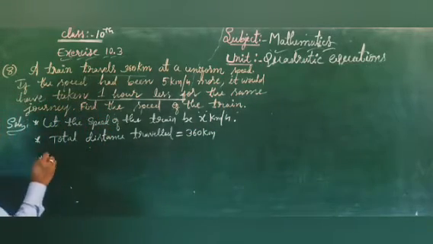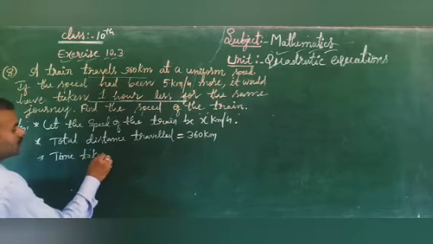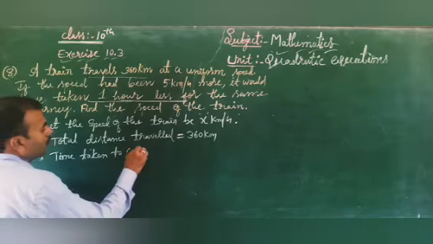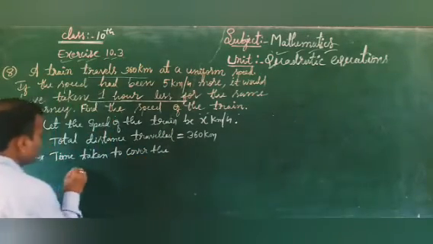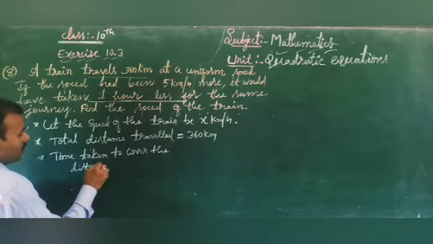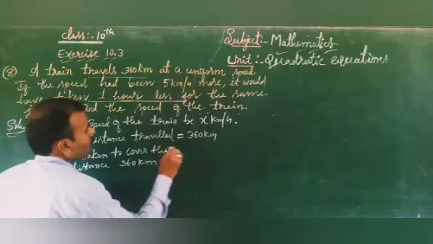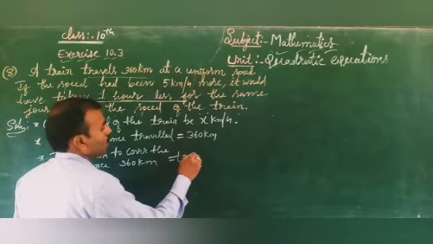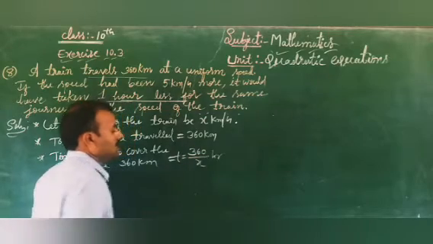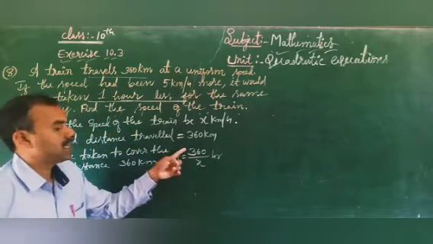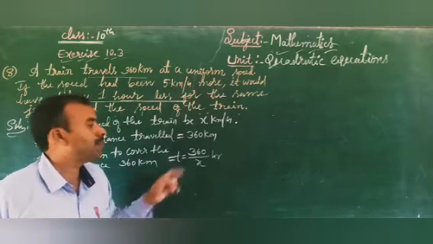Next, time taken to cover the distance 360 kilometer: t is equal to 360 by x hour. This is time because time is equal to distance traveled by speed.